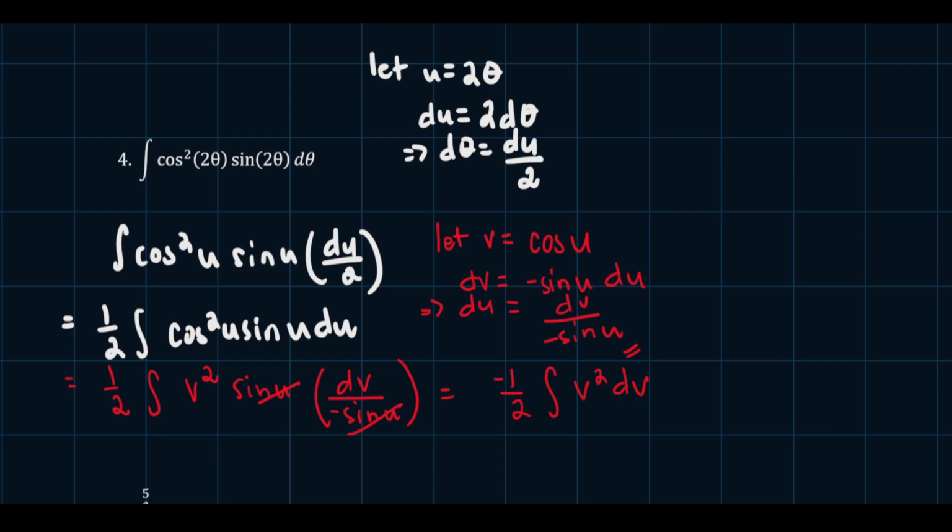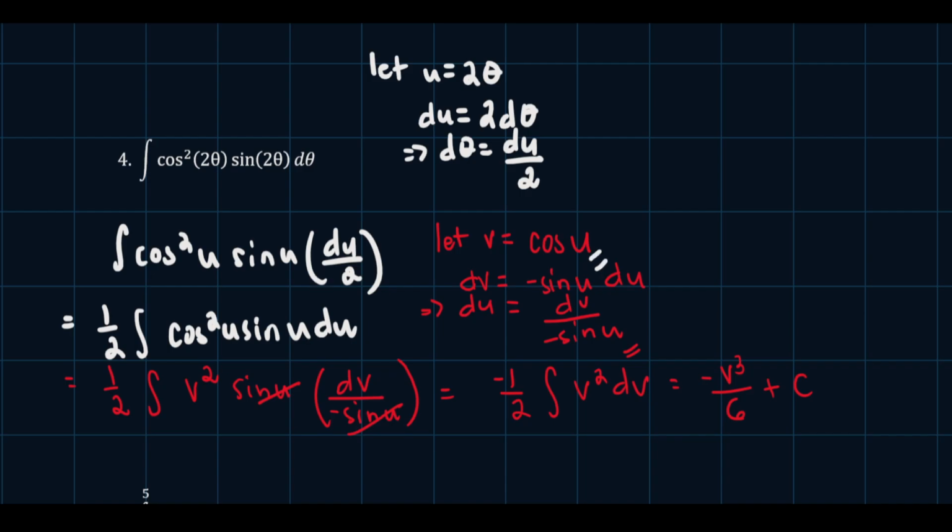This will give us negative v cubed over 6 plus c. However, yung original problem natin is in terms of theta. So, ibabalik natin yung mga substitutions na ginamit natin. Okay, recall that v is equal to cosine u.